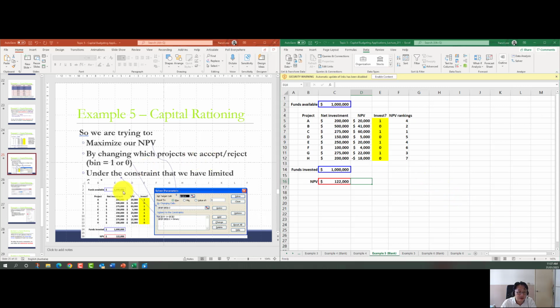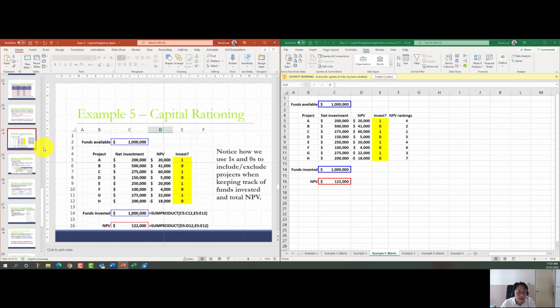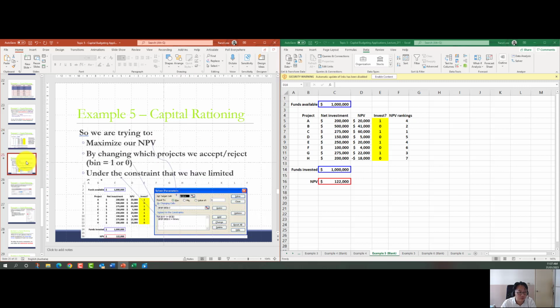Now it's given us the right answer, right? Invest in A, invest in C, invest in E and G. 10101010. So that's correct, right? So basically that's how the solver function works.